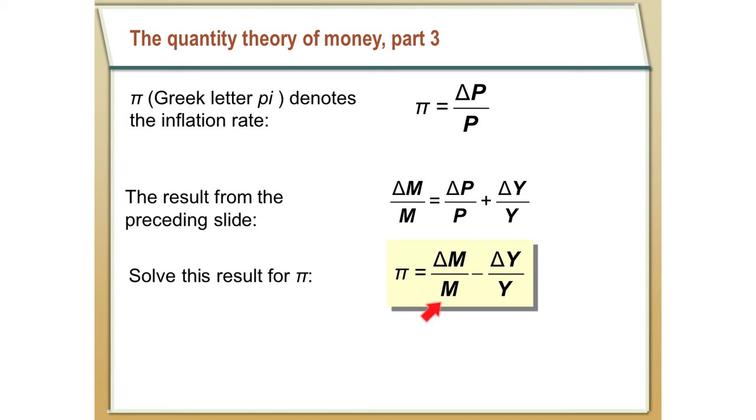Well, if the growth rate of money is really, really high relative to the growth rate of GDP, then we're going to see inflation. So we need a certain amount of money growth to facilitate new transactions. If real GDP is growing, that means we have more goods and services being produced and exchanged, and so it makes sense that we need additional money to facilitate those transactions. Otherwise, it's going to cause prices to change.